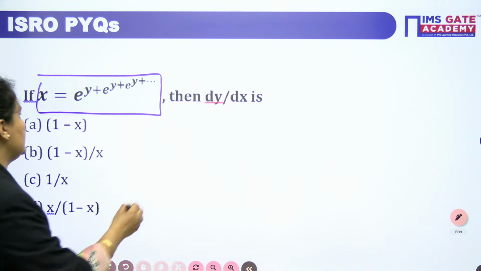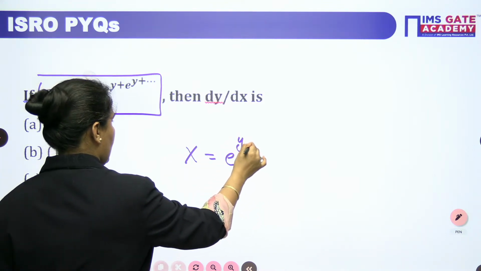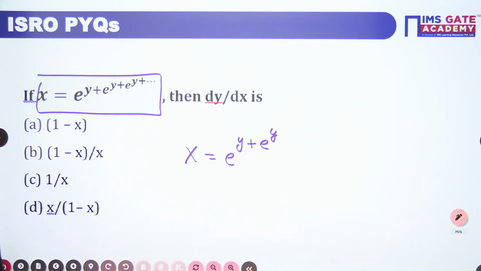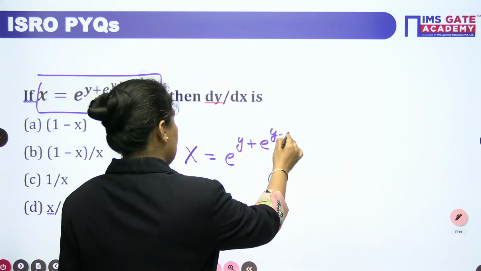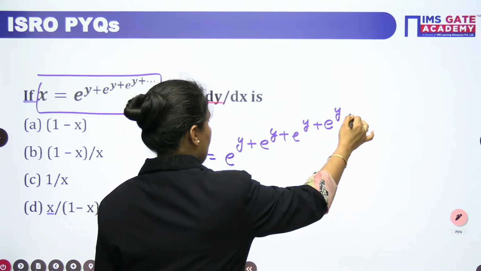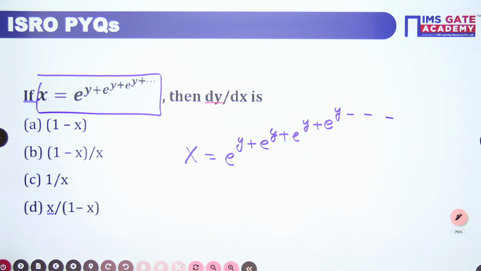Let me write down the question like this, with the terms e power y plus e power y repeating. I hope you can understand the language of the question.